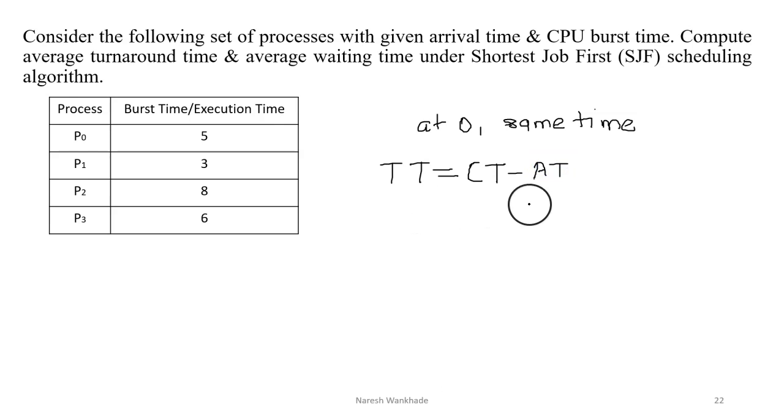In case of arrival time 0, turnaround time will be equal to completion time. Then waiting time is calculated with the help of turnaround time and burst time, that is turnaround time minus burst time.